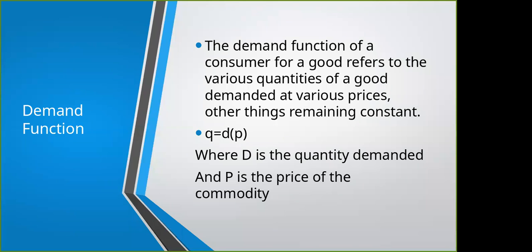In that case, what kind of relation do you expect between demand and price? Positive relation or negative relation? See, if the price goes up, will you purchase more or will you purchase less? Think in that way.